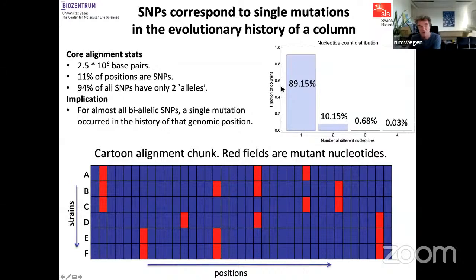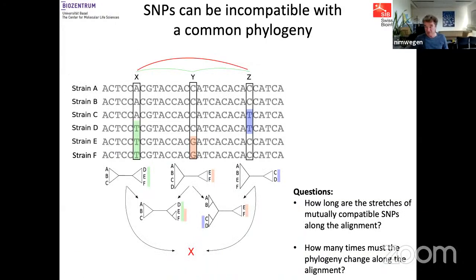All right. So now these SNPs can tell you something about the phylogeny, right? Because if a SNP corresponds to a single mutational event, then if I see a SNP like this, so strains A, B, and C have one letter, D, E, and F have another letter, then whatever the phylogeny is at this position, it must contain a branch where strains D, E, F are on one side of the branch and strains A, B, and C are on the other side of the branch.